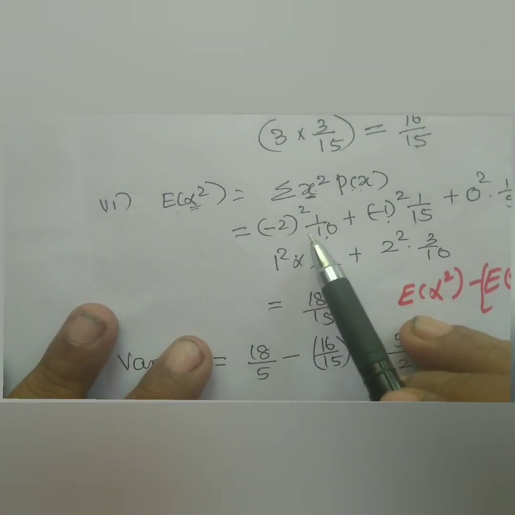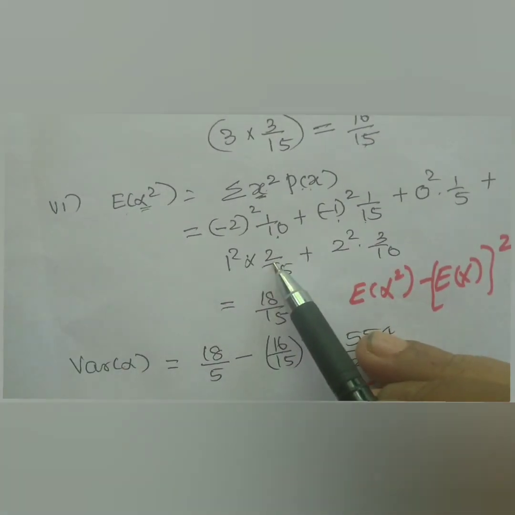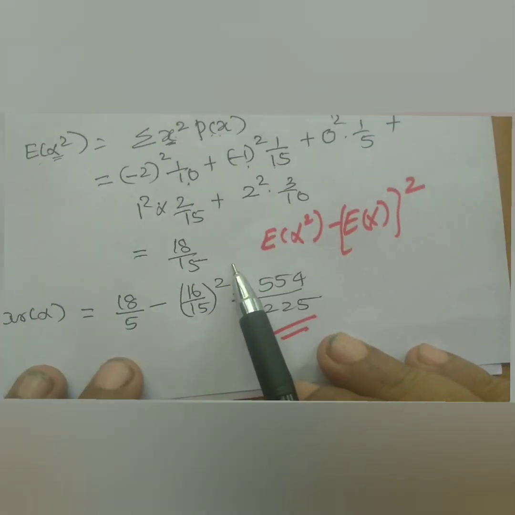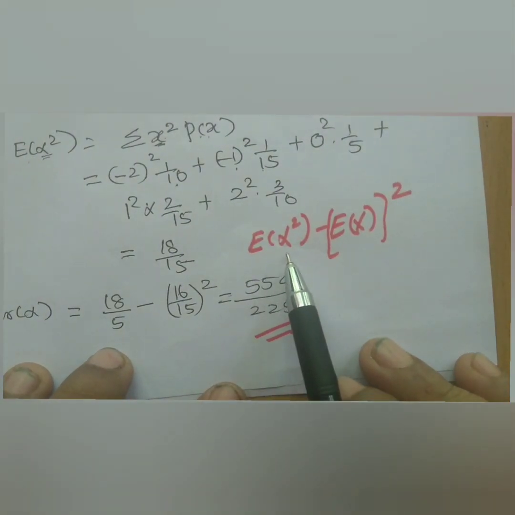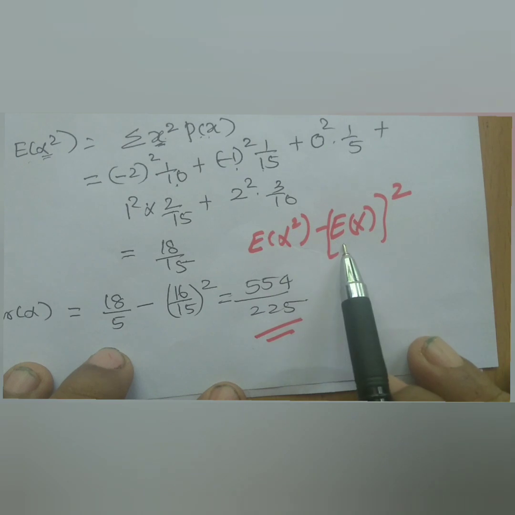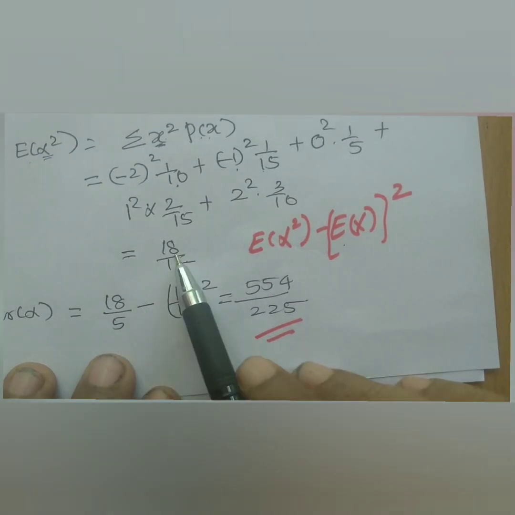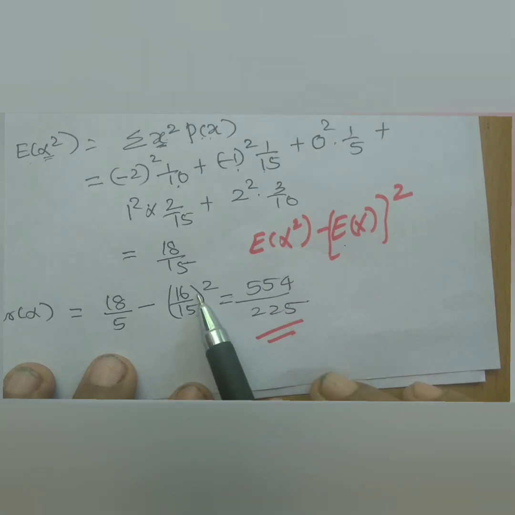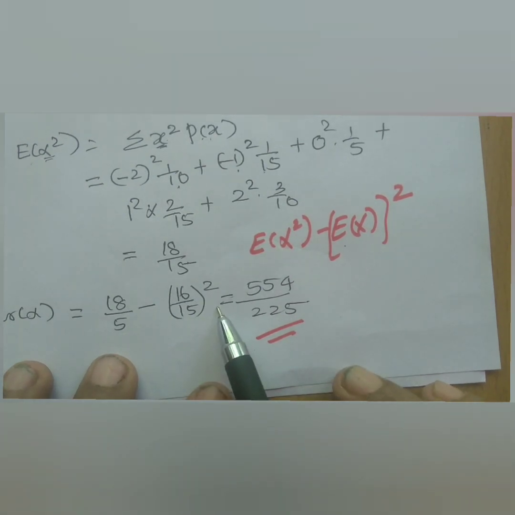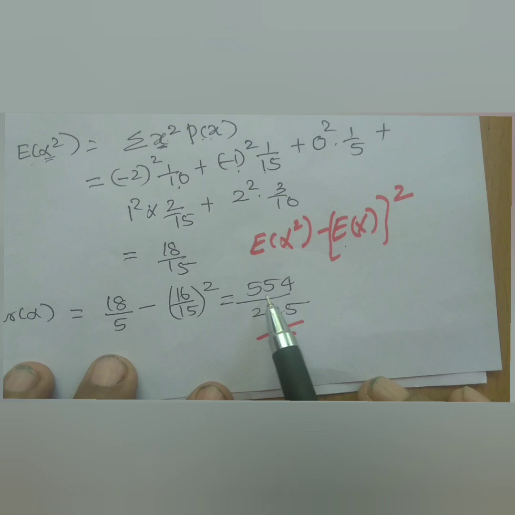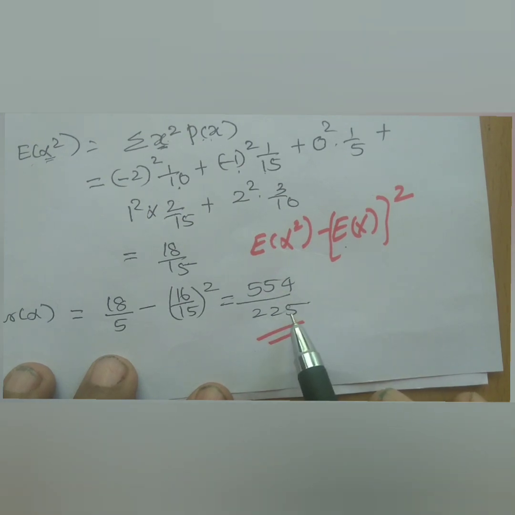Now what is variance? Variance is equal to expectation of x square minus expectation of x the whole square. So that is 18 by 5 minus 16 by 15 the whole square. So that is 554 divided by 225.